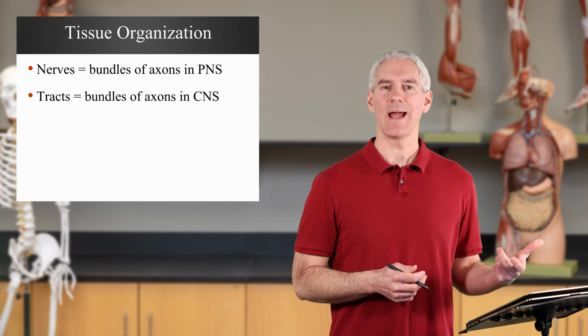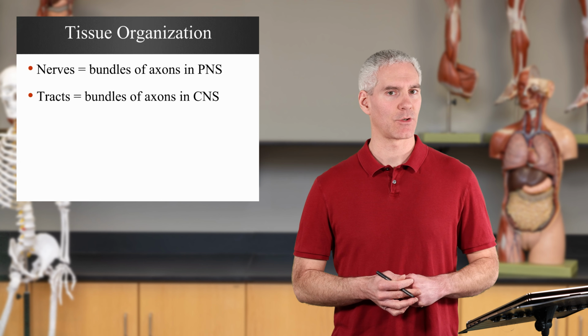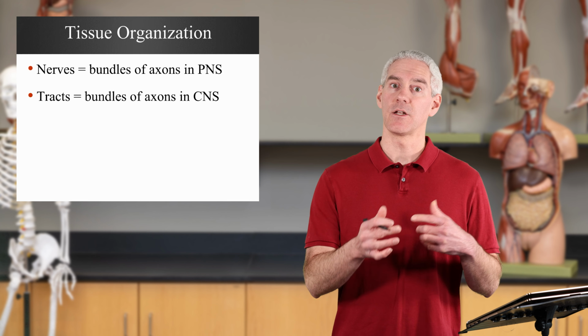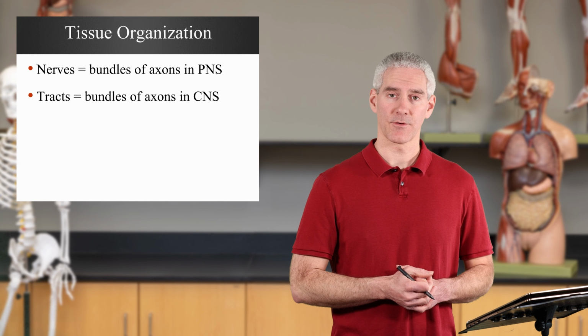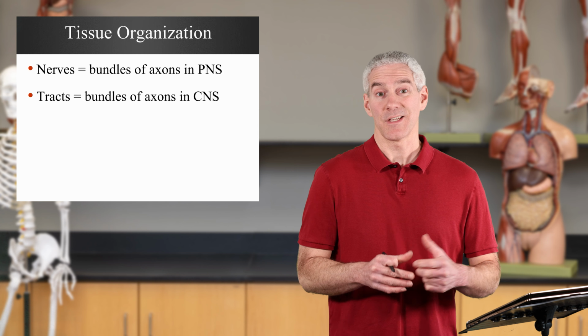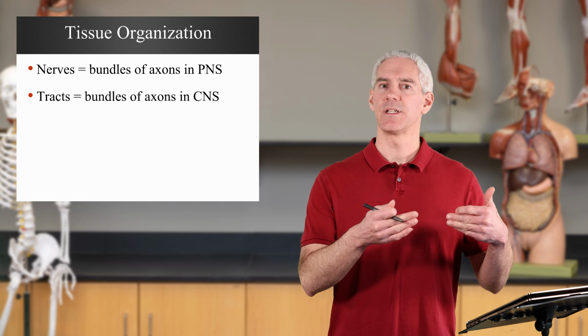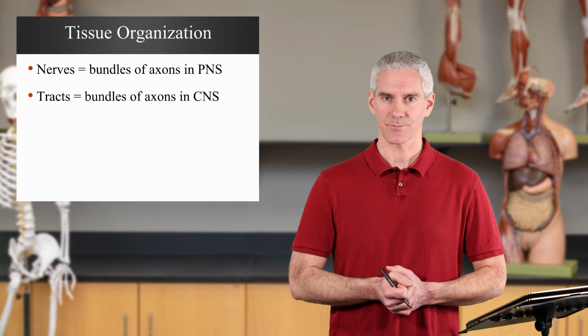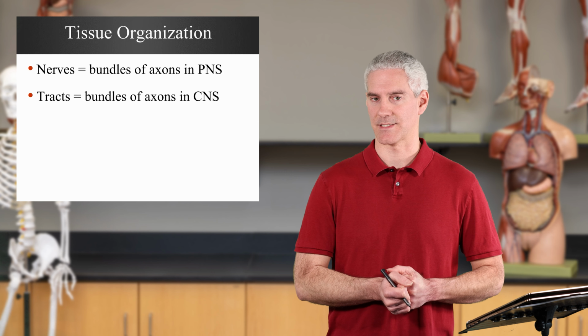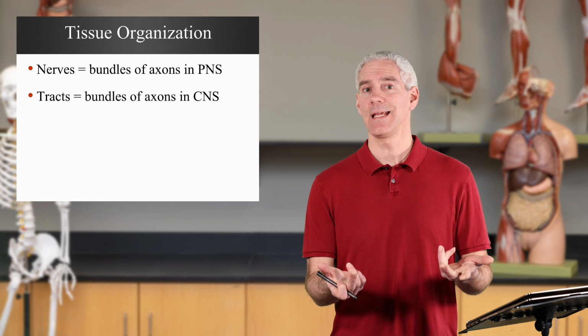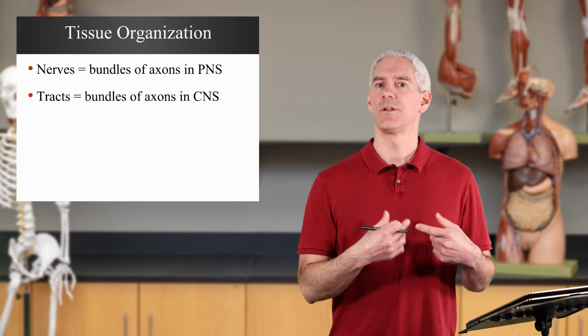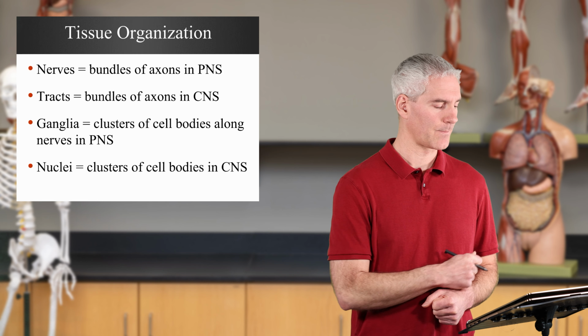You can see the tracts are found in the central nervous system. The nerves are found in the peripheral nervous system. They're the same thing. They just change the name depending on where it is. It's still a bundle of axons. So two names, same exact structure, just based on location.